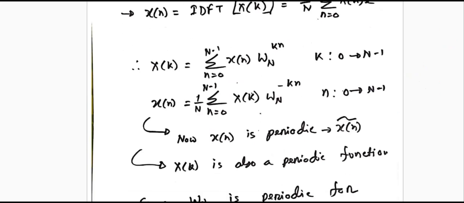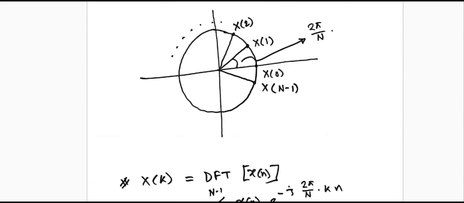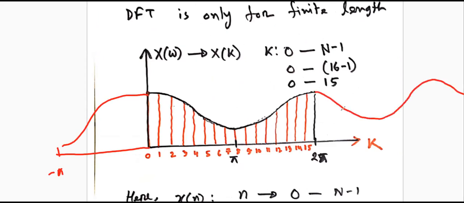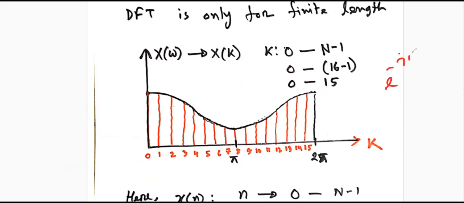Now there is a very significant observation. Try to understand what is the pattern of xk. Is that a periodic or aperiodic signal? From our experience, what we can see is that in the frequency domain, from minus pi to plus pi, after that it will definitely repeat again and again, because that is a function of e to the power minus j omega n.